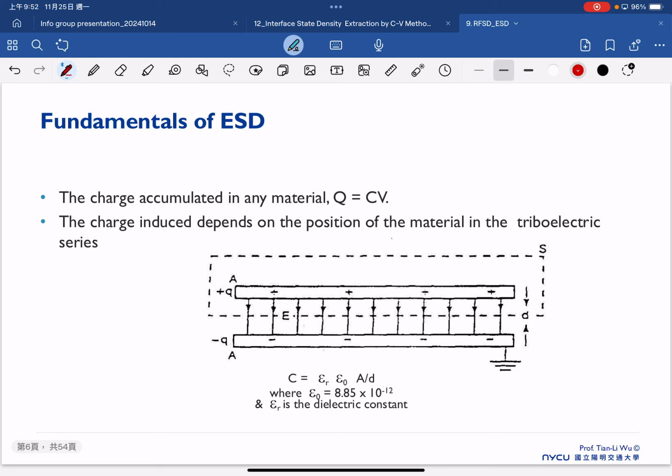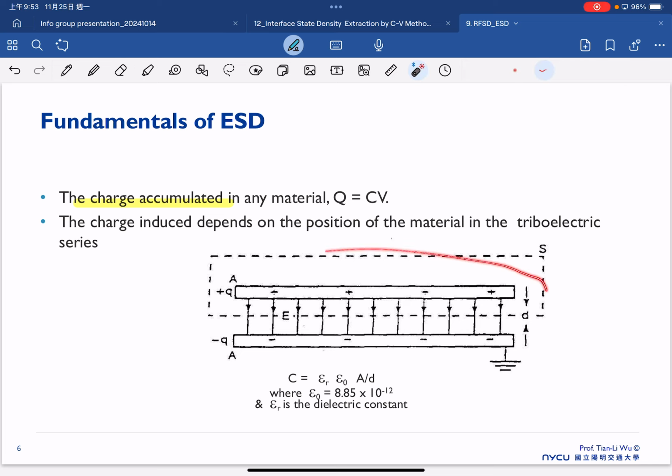If we look at the fundamentals of ESD, the idea is pretty simple. As we know, charge can accumulate in any material, as we show here, the charge Q is equal to C times V. It depends on what kind of material, which can cause a different charge here.